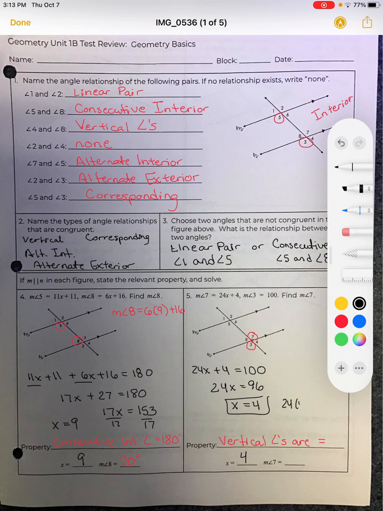So 24 times 4 plus 4. What is it? 24 times 4 plus 4. That equals 100.